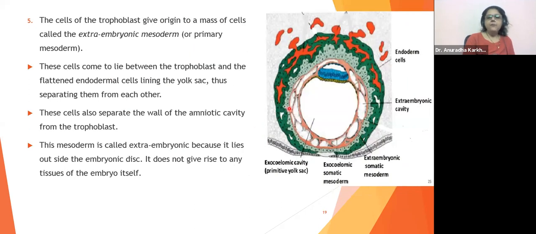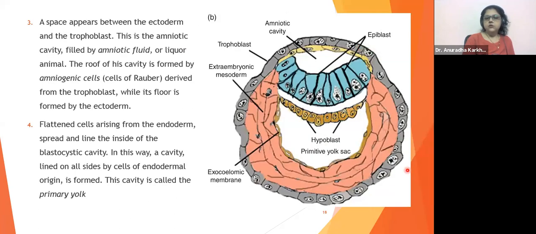Then there were gaps that were going to be formed in between, and see how the gaps are going to be formed in the extra embryonal mesoderm, right? The hanging cells of ectoderm are called hypoblast or the cubical ones. One minute. These ones are of the endoderm, not the ectoderm.